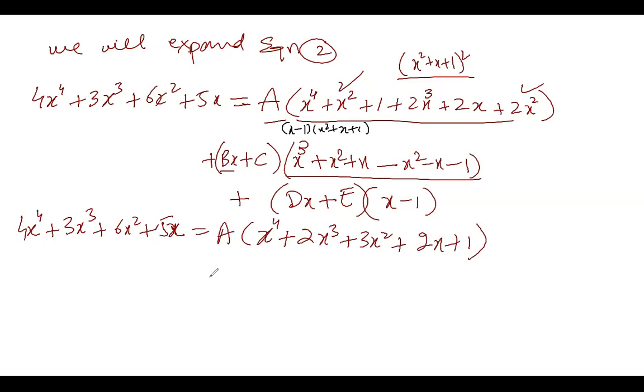Okay, this is equal to bx4 plus bx cube minus bx, this will be cancelled with this one and this will be cancelled with this one. Remaining is bx4 minus bx.